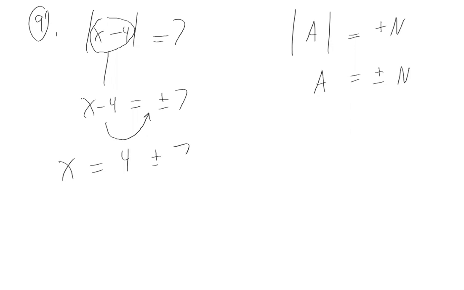But you'll still have the positive or negative 7. So you'll have x equals 4 plus or minus 7. So then x equals 4 plus 7, which would be 11, or it could be 4 minus 7, which would be negative 3. So there's two answers to the problem.